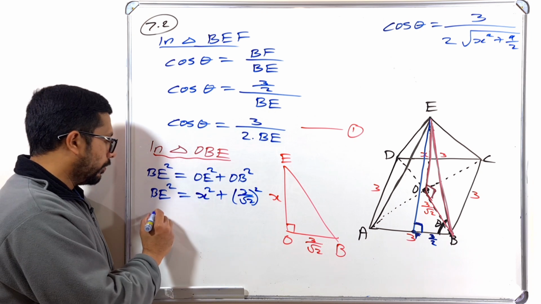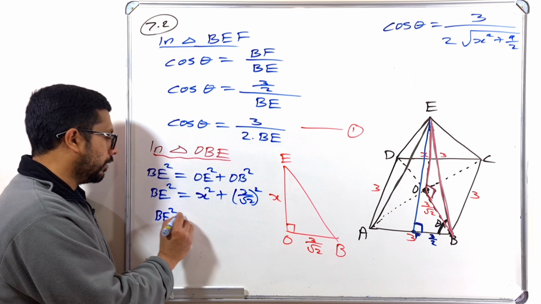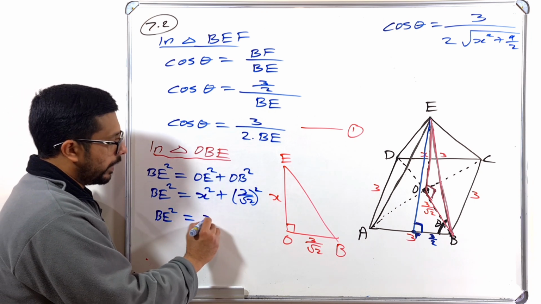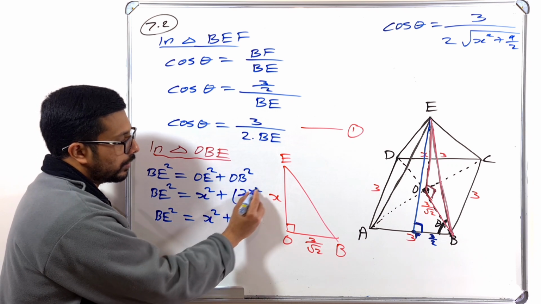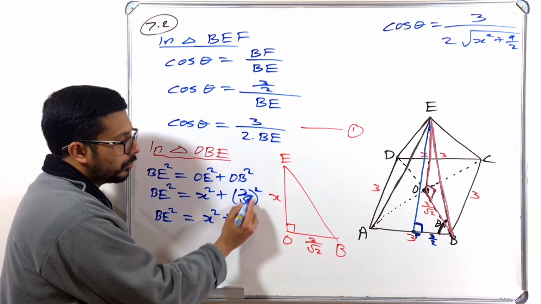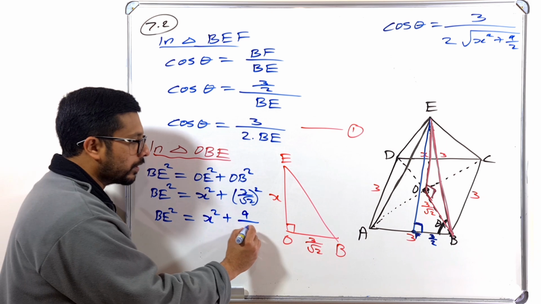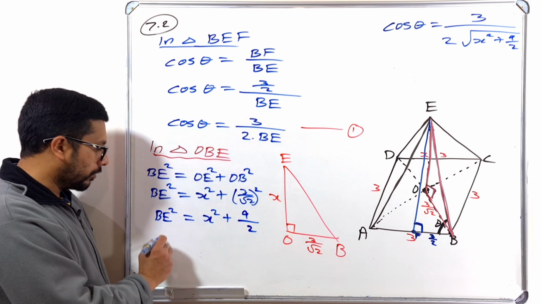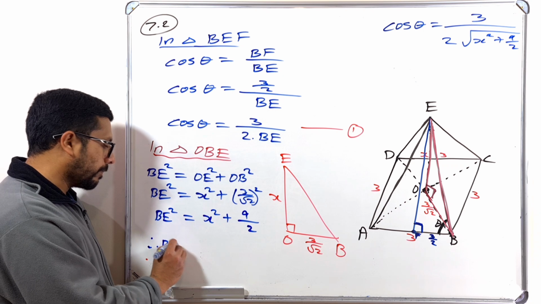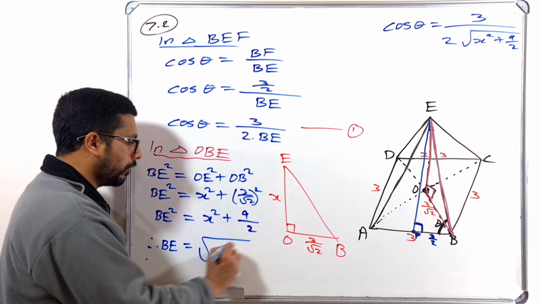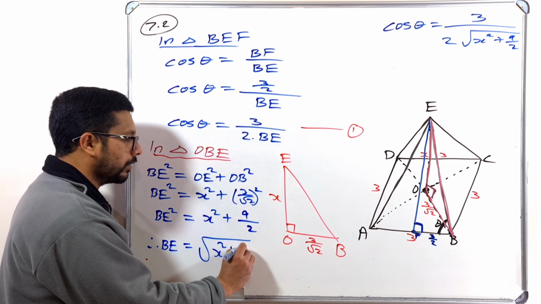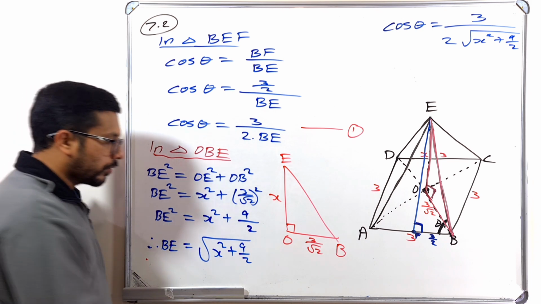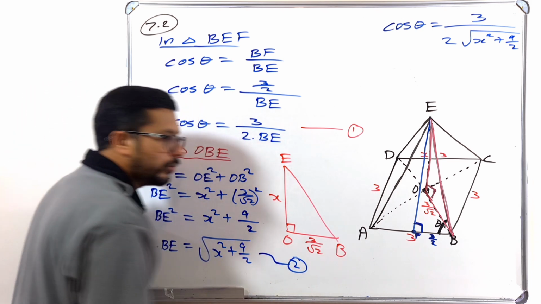Okay, so BE square is equal to x square plus 3 square is 9, √2 square is 2. So that is BE square. So therefore what is BE? Square root of x square plus 9 over 2. So let me call this equation number 2.